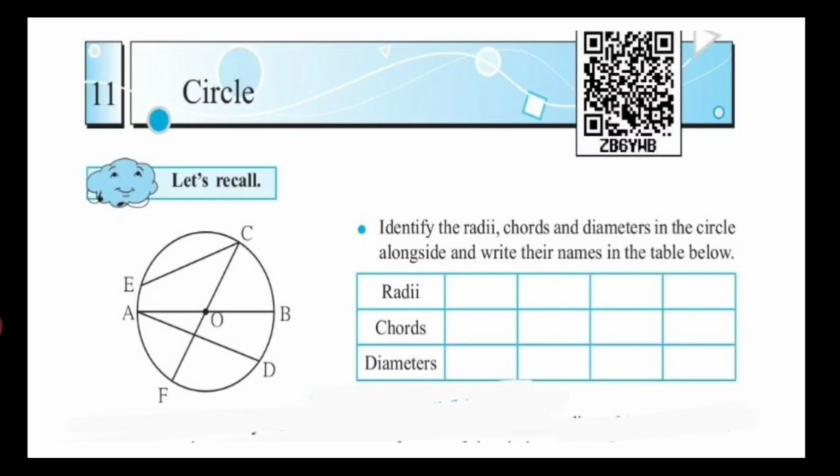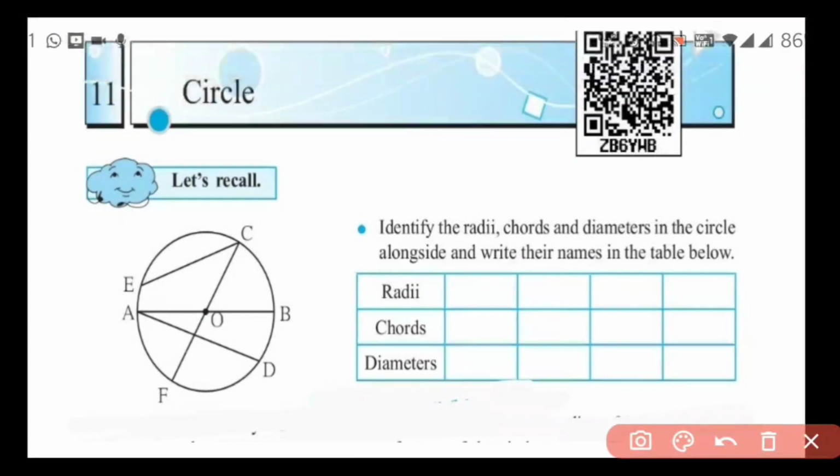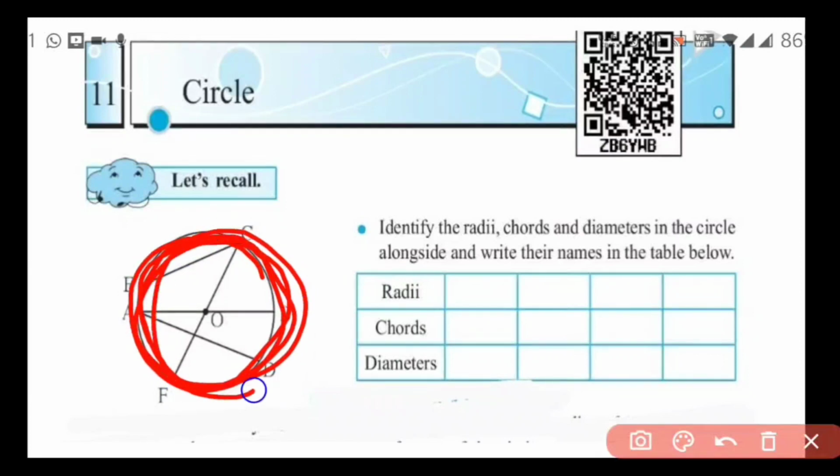See children, the radius is a segment which joins the center of the circle with a point on the circumference of the circle. So you should know what we mean by circumference and what we mean by center of the circle. The outer edge of the circle is known as the circumference of the circle.